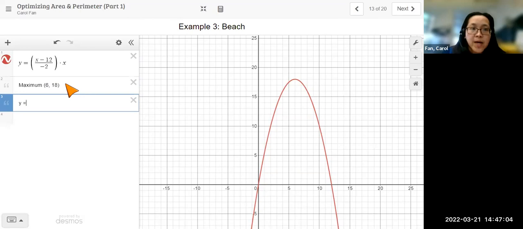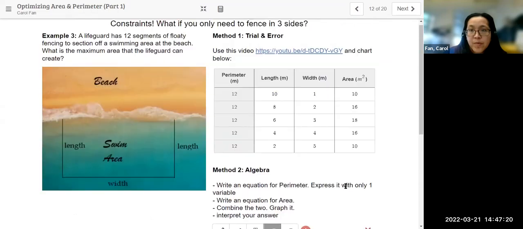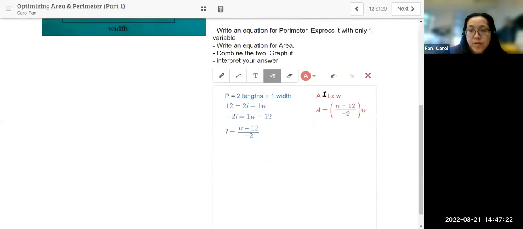We know that y is representing the area and x represents the width.